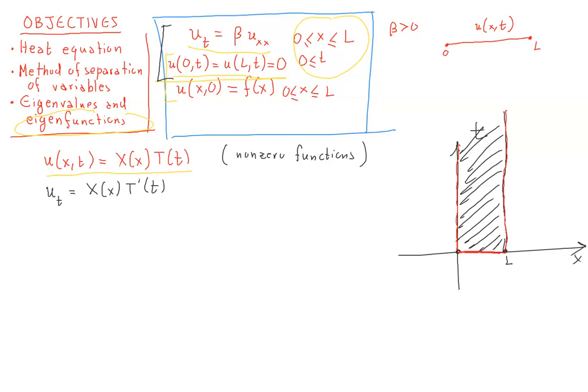And the derivative with respect to x twice, remember that when you take partial derivatives, whatever expression you have with respect to the other variable is considered to be a constant. And this one is going to be X double prime of x times T of t, right?